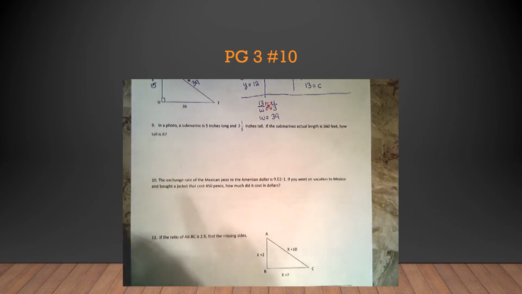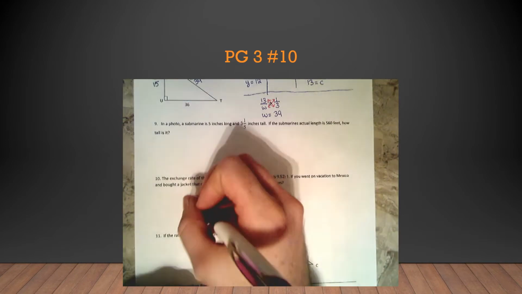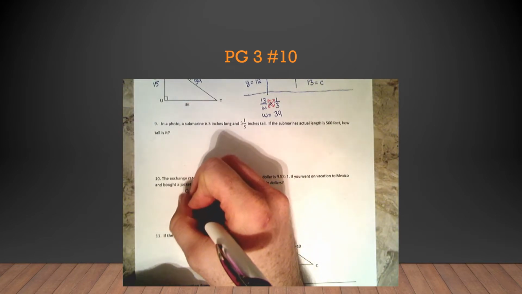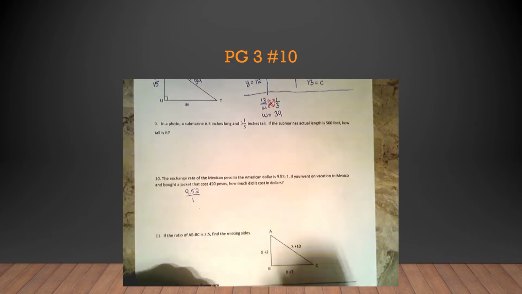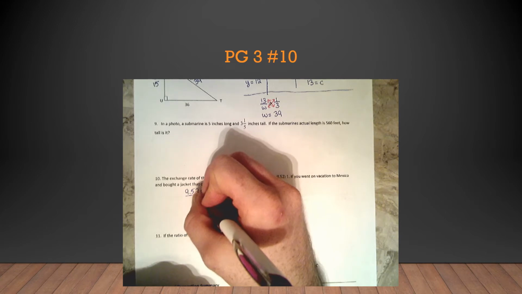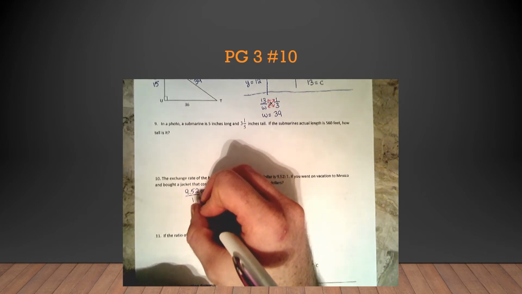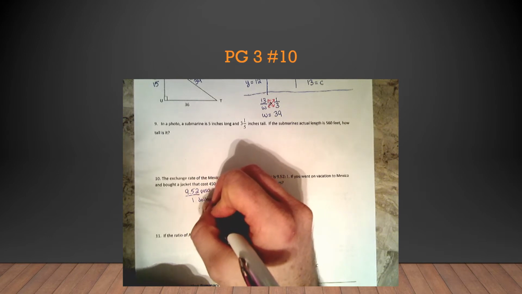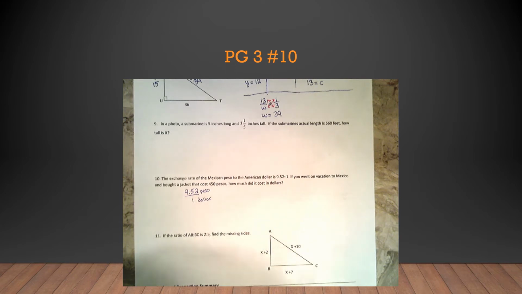Okay, so first thing I'm going to do is turn this ratio into a fraction: 9.52 over 1. The 9.52 is the peso, the 1 is the dollar. So for every 9.52 pesos, that comes out to $1.